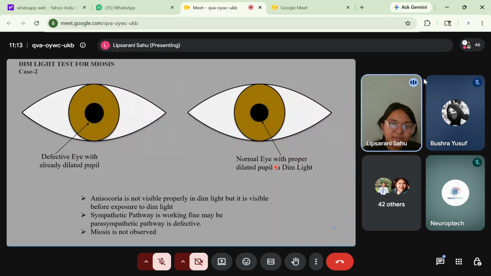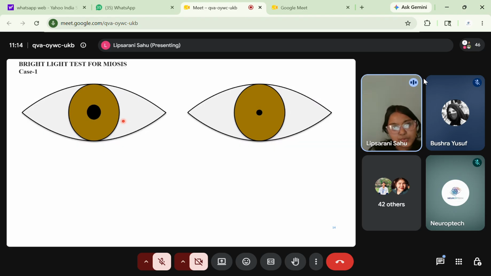From this we can say that the anisocoria is not visible properly in dim light, but it is visible before exposure to dim light. So the sympathetic pathway here may be fine, but the parasympathetic pathway is defective, so miosis is not observed.